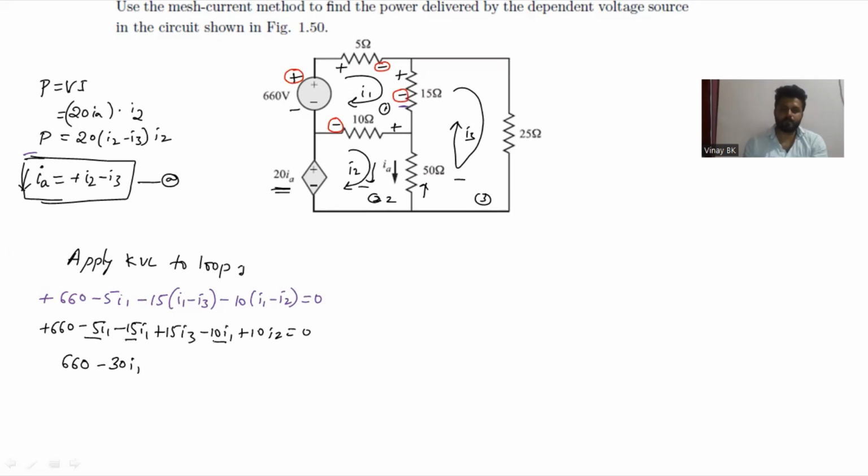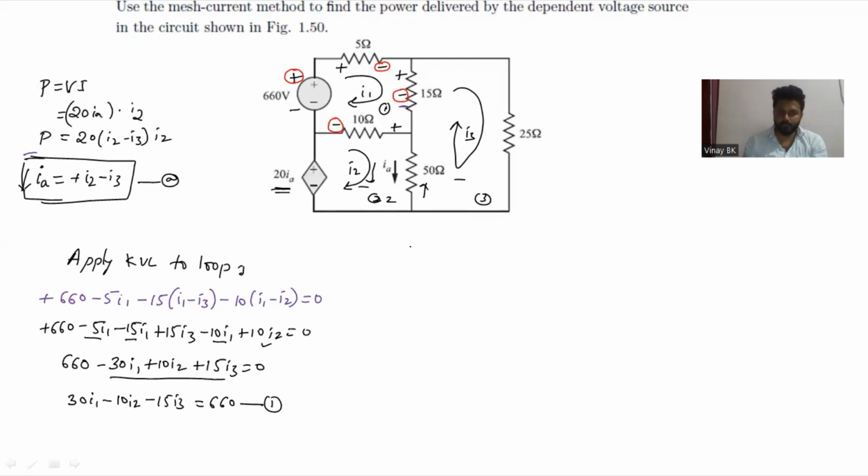Plus 10 I2, only one I2 is there. Then only one I3 is there, that is plus 15 I3 equals 0. So now I'll send all these to the right side by keeping 660. So you get 30 I1 minus 10 I2 minus 15 I3 equals 660. This is equation number 1.